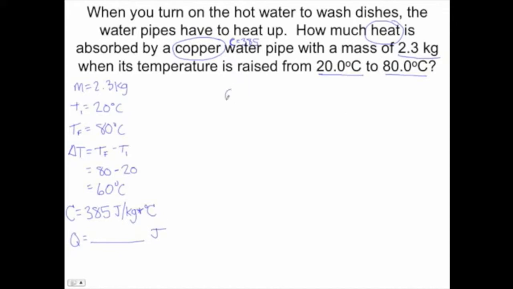Okay, so I'm going to go ahead and write my specific heat formula. I call this the Mcat formula, and that's just because it looks like cat, but you don't have to call it that. That's just what I do. And I'm just going to plop in my numbers.